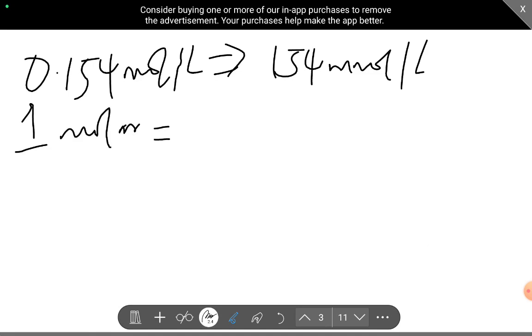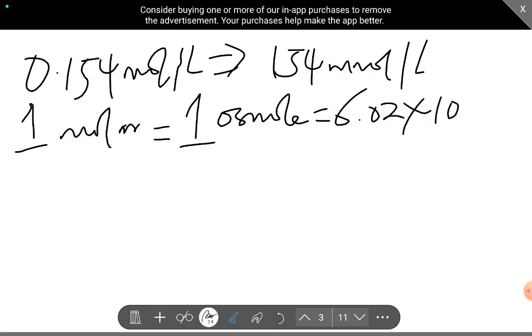When you want to convert this to osmoles, one mole could be one osmole, and one osmole is about the Avogadro's constant from your chemistry. So all this basic stuff is something you may need to apply as time goes on. One osmole is about the Avogadro's constant, 6.02 multiplied by 10 raised to the power of 23.